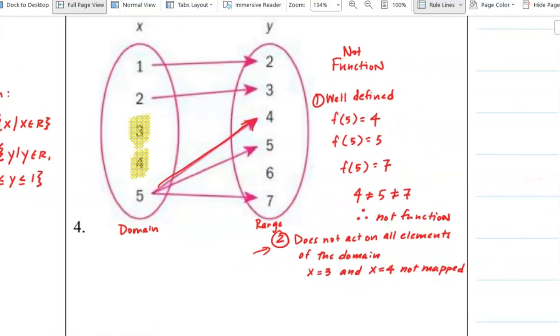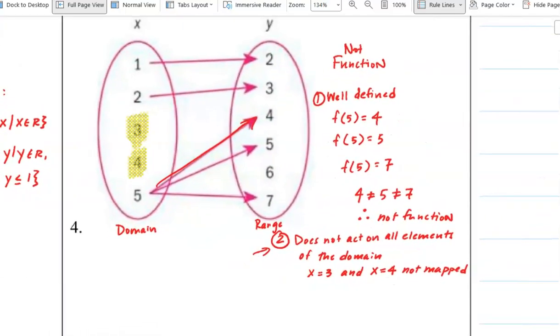Number 4 is an example of something you may not have been aware of before coming to my class. It's not a function because even though you have a set of x's and a set of y's, inputs and outputs that are defined, 3 and 4 don't produce any outputs. Also, 5 is problematic because the input 5 produces 4, 5, and 7, and 4, 5, and 7 are not equal.